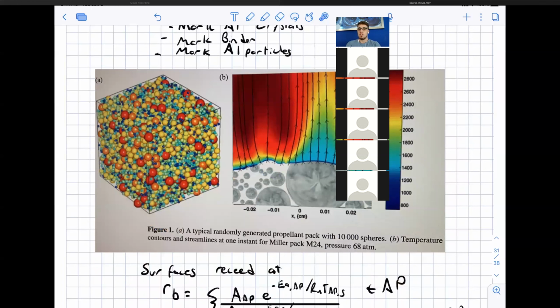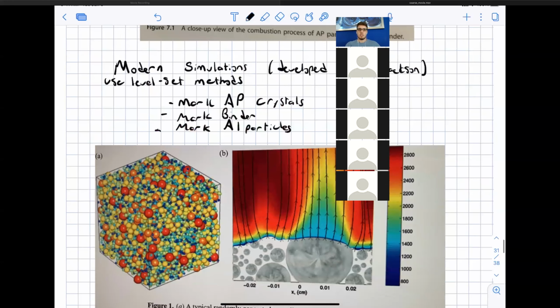I'm sure initially it was just because that's how they came from the manufacturer, and then they just mixed them in. But they find that the actual size distribution matters. I don't know the specifics on this, and Tom would be a very good person to ask. But I know that if the size distribution of the AP crystals is something like this versus something like this, you'll have two different burning rates of the propellant.